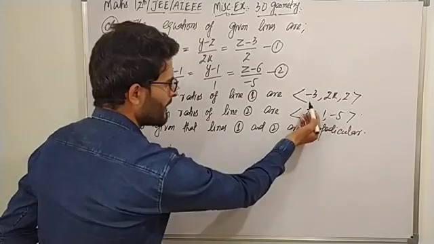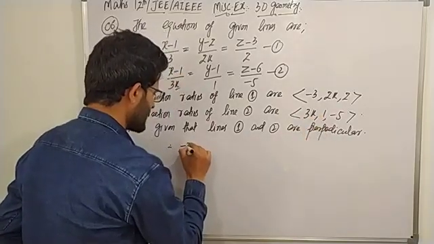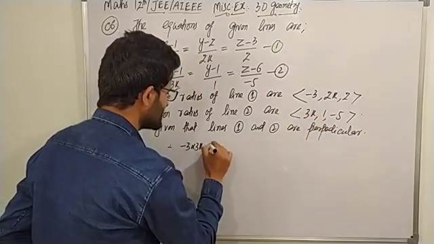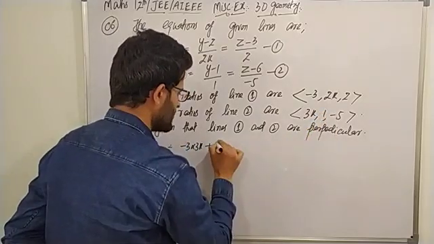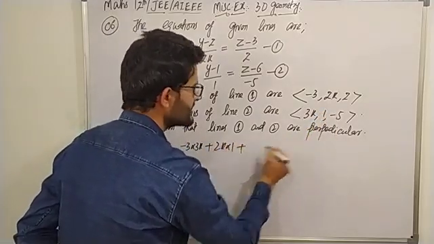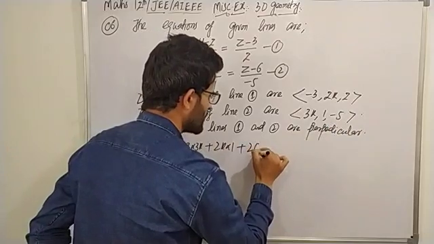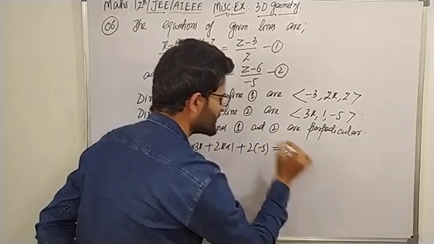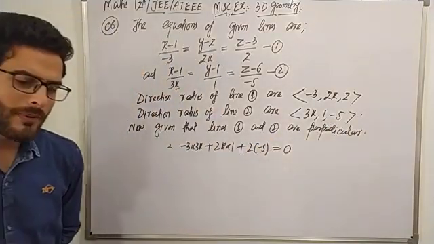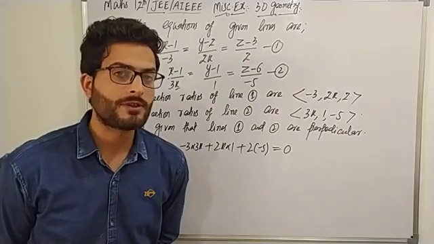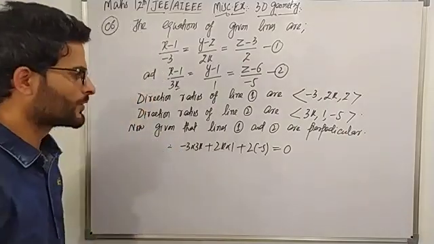So therefore -3 into 3k plus 2k into 1 plus 2 into minus 5 must be equal to 0, because when two lines are perpendicular the sum of products of their direction ratios is obviously equal to 0.